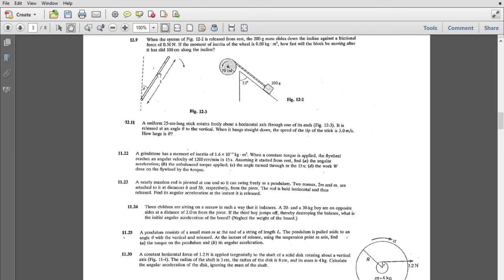Well, it goes down a distance of L over 2 times the cosine of theta plus an additional L over 2 as it goes down to the bottom here. So it would be L over 2 plus L over 2 cosine theta, that quantity with a minus sign times mg. Okay, put that in for the change in the potential energy.